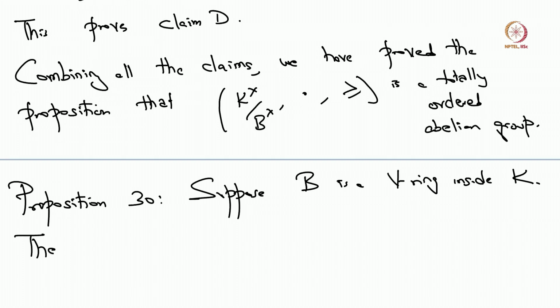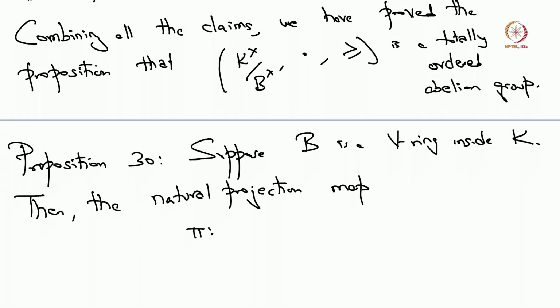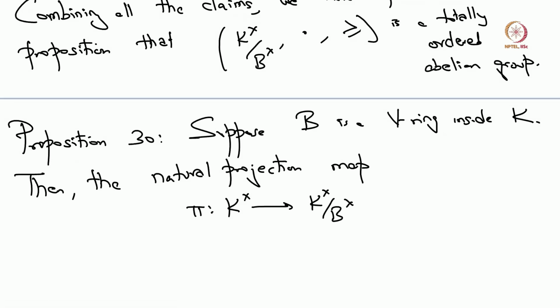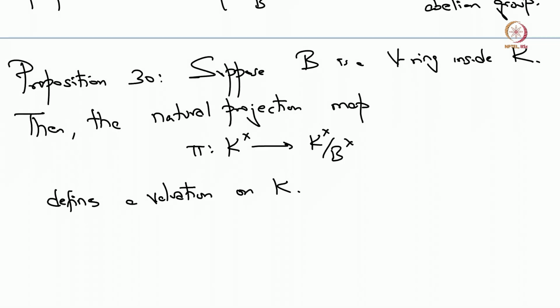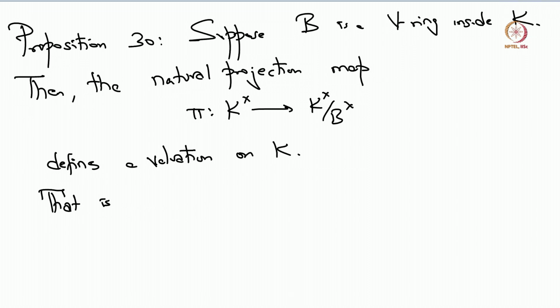Then we have this natural projection map from K cross to K cross mod B cross, and the claim is that this defines a valuation on K. Okay, and again, just reminding you what does that mean? That is, you need to show that this map pi has two properties.